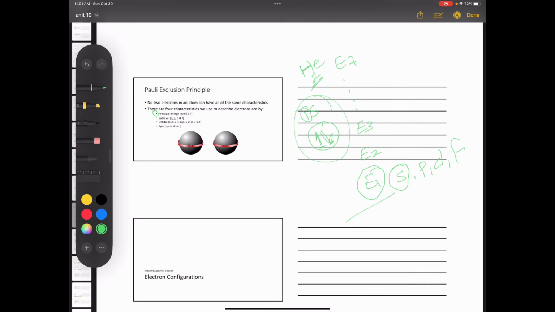These sublevels, the S, the P, the D, and the F, are divided into orbitals of their own. We learned that the S sublevel always has one single orbital. The P sublevel, on the other hand, has three different orbitals. The D sublevel has one, two, three, four, and five orbitals. The F sublevel has one, two, three, four, five, six, and seven.